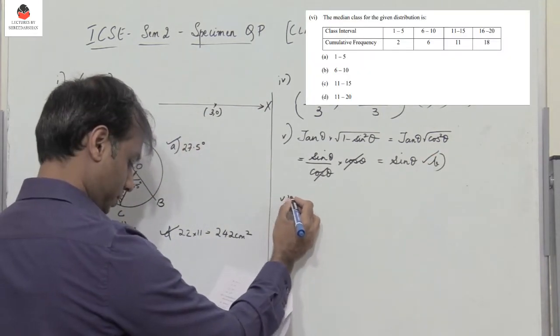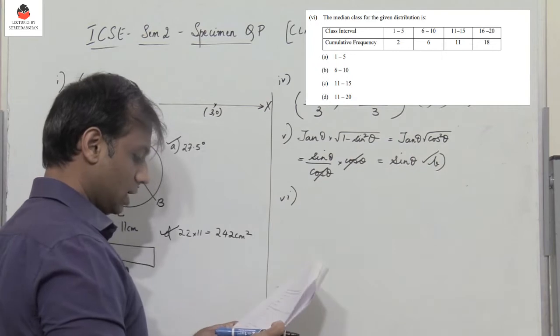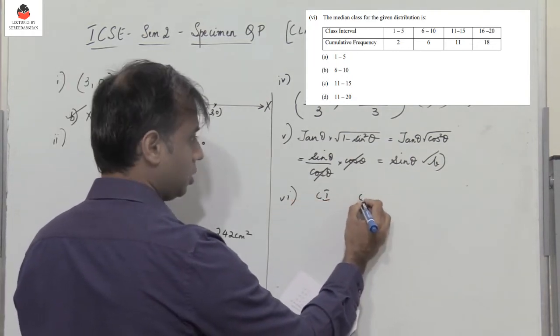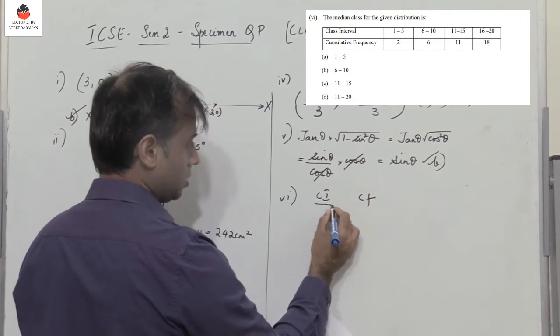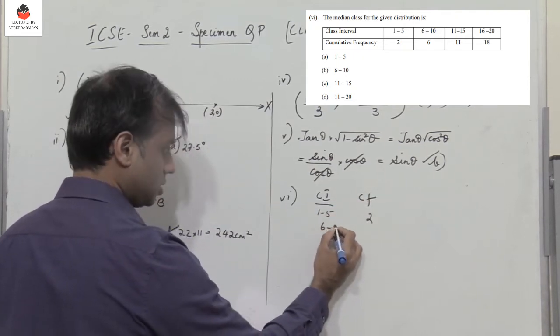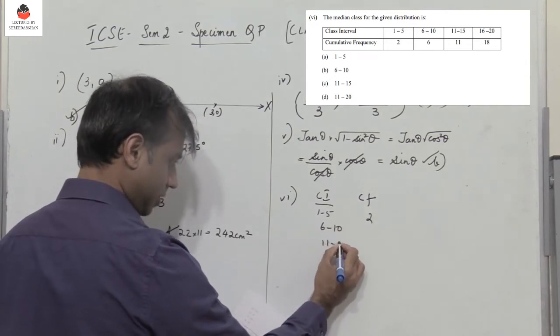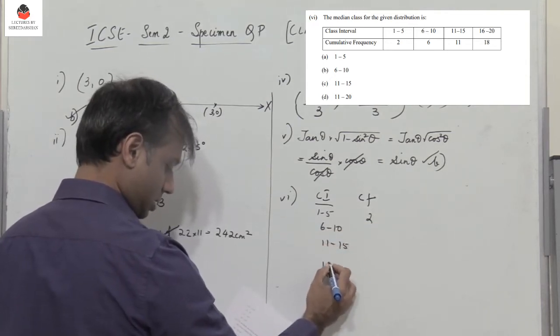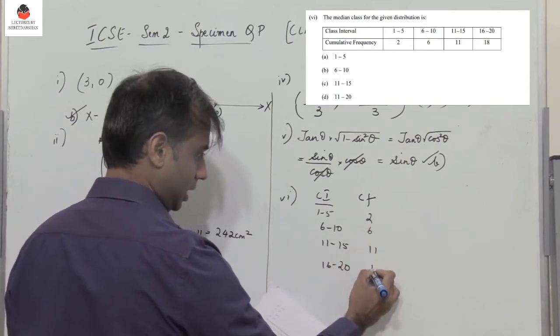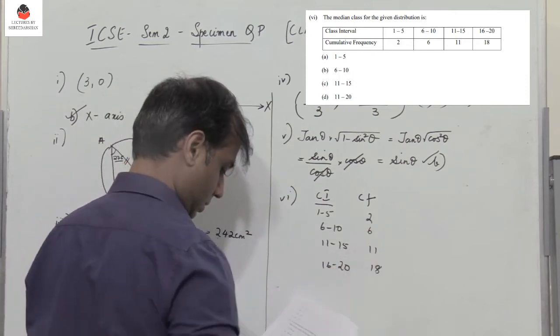Sixth one. The median class of the given distribution. So we have the class interval and the cumulative frequency. So 1 to 5 is 2, then you have 6 to 10, 11 to 15 and 16 to 20. So this is 6, 11 and 18.